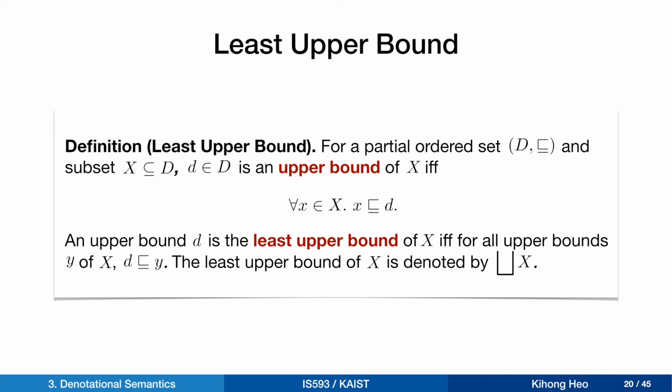Okay, then next thing we will talk about is least upper bound. Suppose there is a partial ordered set D here and a subset X of this partial ordered set.